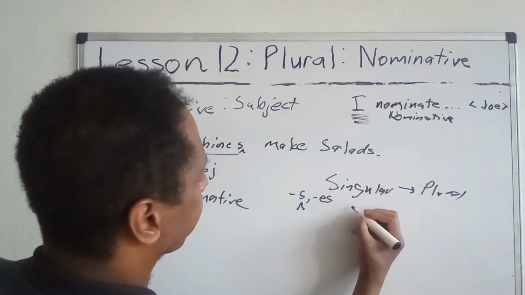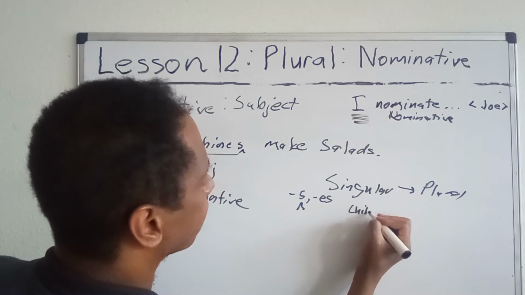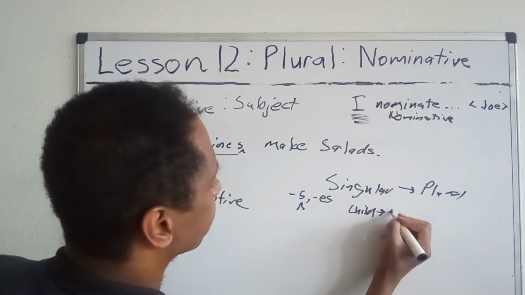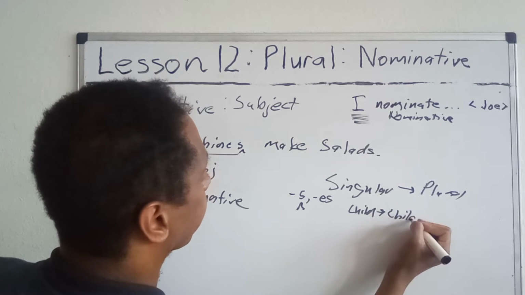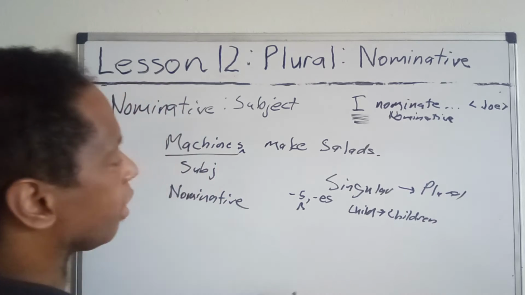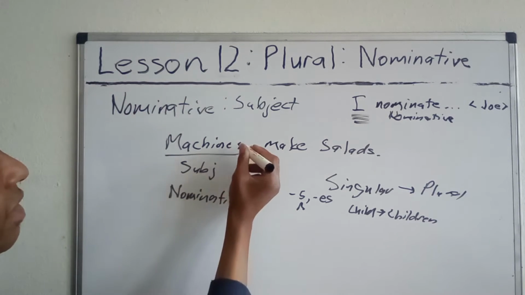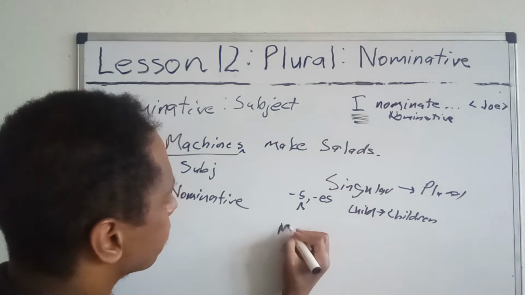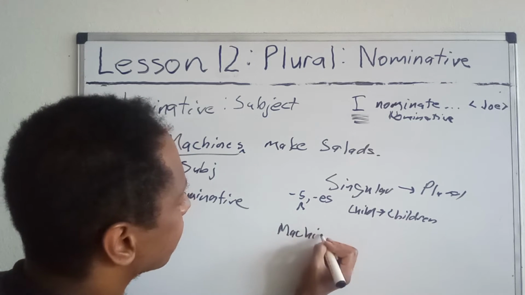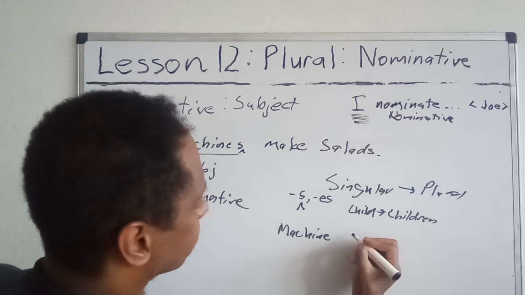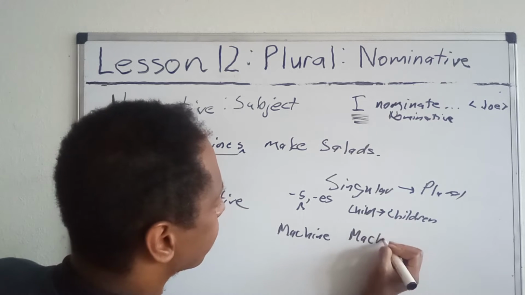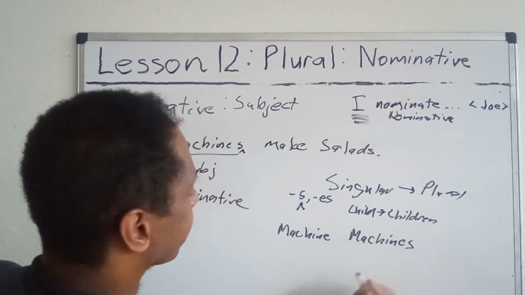Sometimes we do something weird like child becomes children. That's rare. But we always do something to the ending. Machine becomes machines in English, right?